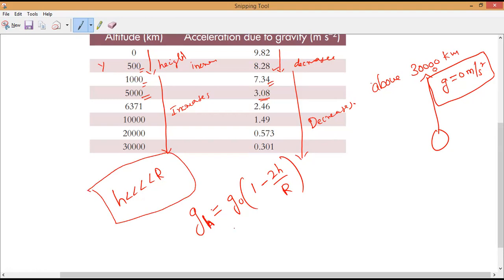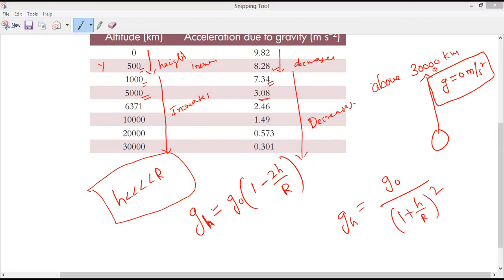Gh is equal to g0 into 1 minus 2h by R. If it is a larger height, then Gh is equal to g0 divided by (1 plus h by R) whole square. That is one. Any doubt? Anybody? Very good.